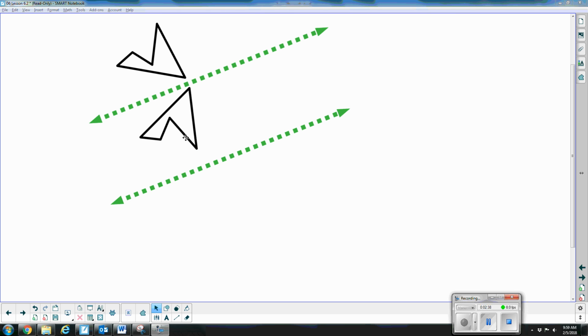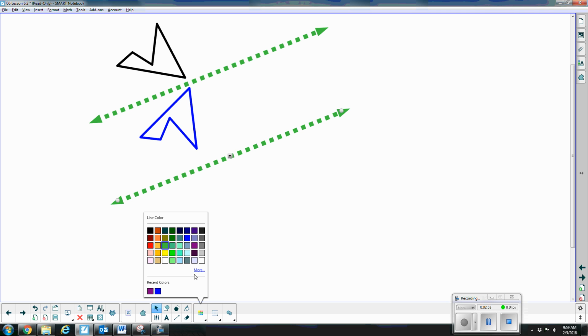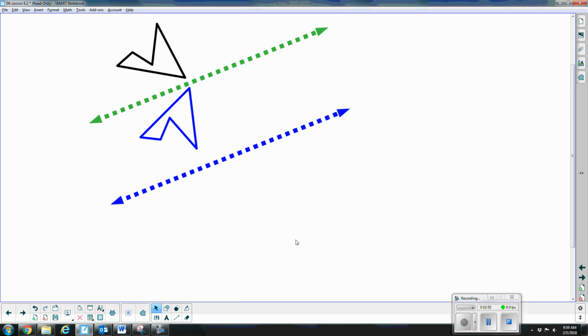And then you should reflect again. Now reflect your second image. I'll change the color of this so that you can see the difference. Now I'm going to reflect the blue image over that blue line, and when I did that, I got my purple image.